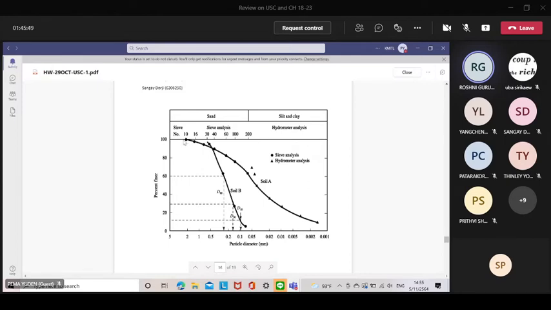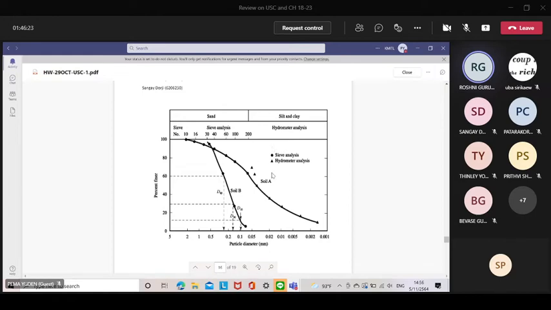So sand is 100% minus 60, which is 40%. So for soil A there is 40% sand, then 51% silt and clay, which is 60 minus 9, and the rest is gravel, which is 9%.